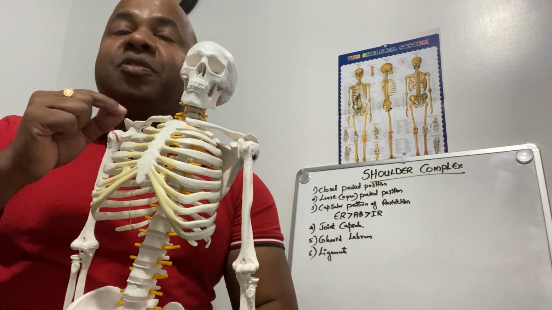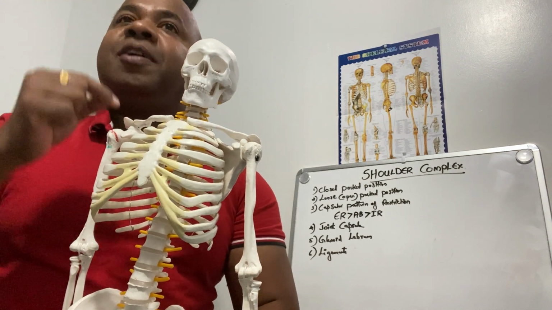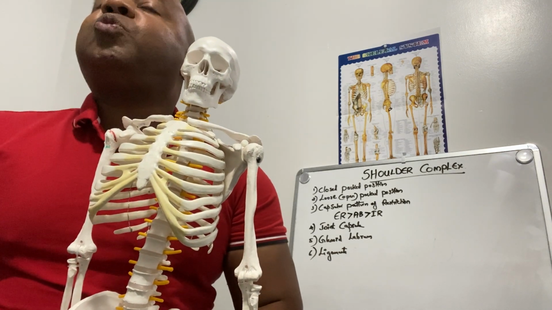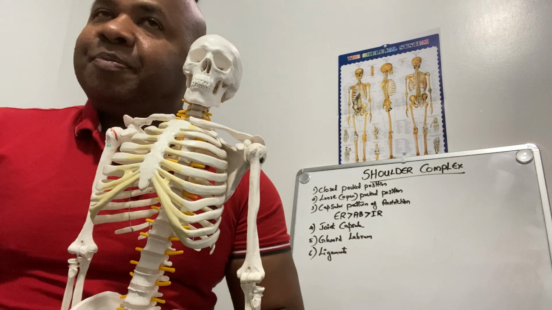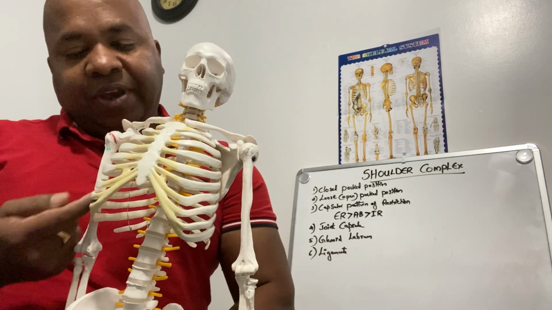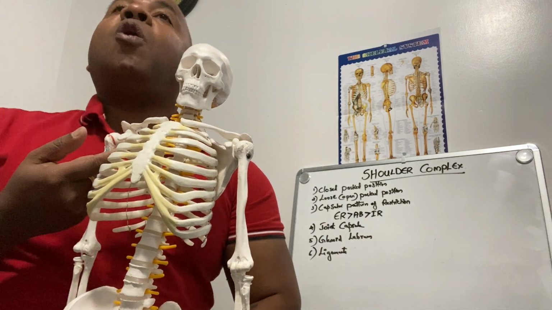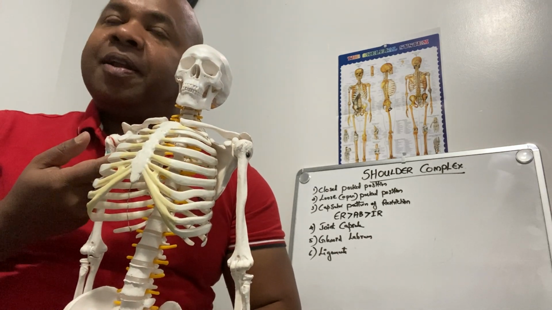The joint capsule is reinforced superiorly by the tendon of the supraspinatus muscle, and inferiorly by the tendon of the long head of triceps muscle.